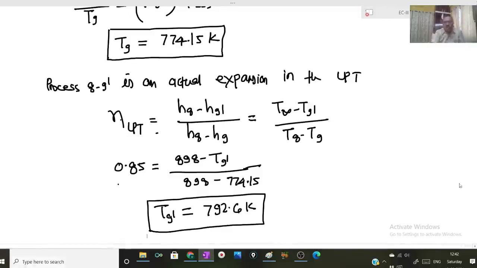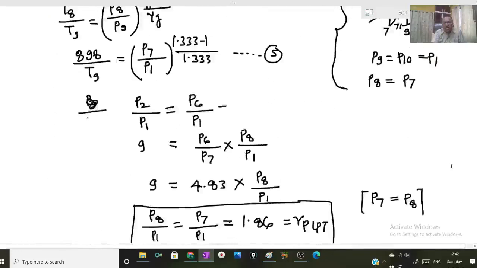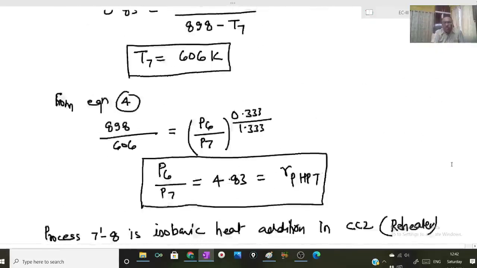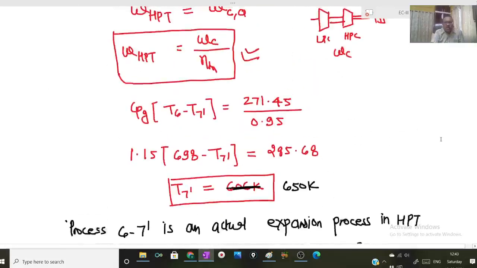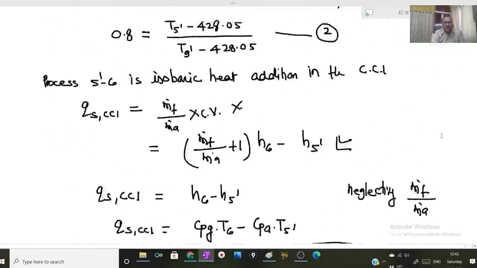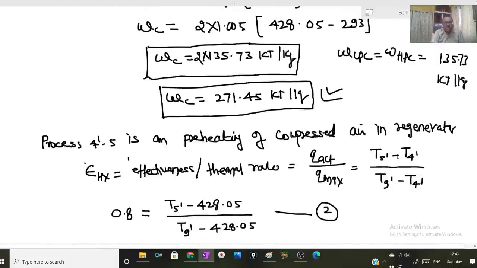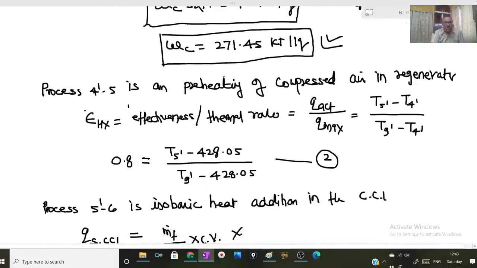Now to get the value of T5 dash, we have to get back to process 4 dash 5 dash once again. This process 4 dash 5 dash is a preheating of compressed air in regenerator.